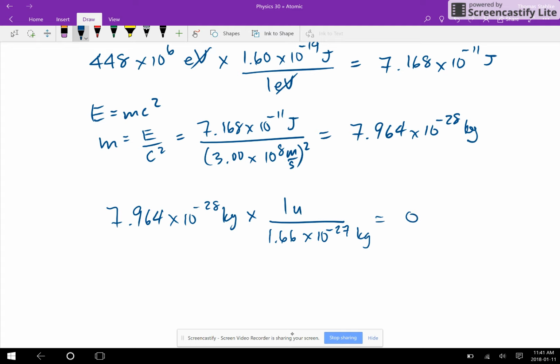And then this works out to 0.480 atomic mass units. So there we have a conversion of energy in electron volts through joules, change the joules into kilograms using E equals mc squared, and then change the mass in kilograms to atomic mass units. And we need to understand that this mass in atomic mass units is equivalent to the energy.